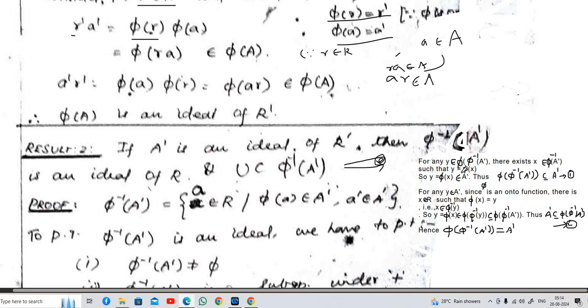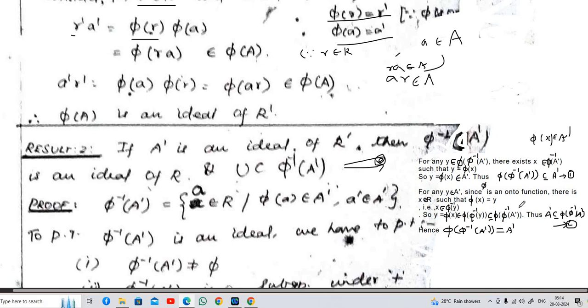Once you have this, phi of x will be in A prime. So we conclude that y, which is equal to phi of x, belongs to A prime. So y in phi of phi inverse of A prime implies y in A prime. Therefore, phi of phi inverse of A prime is contained in A prime. We shall name this relation 1.